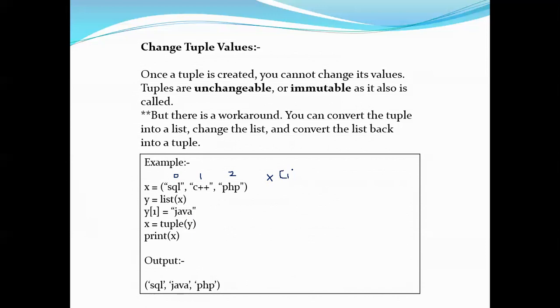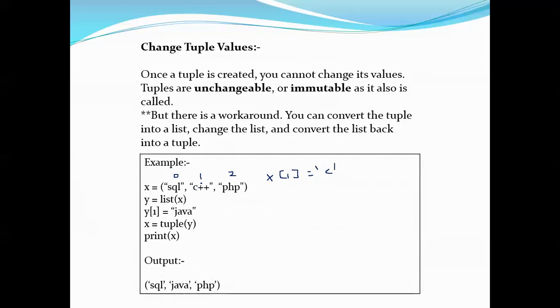For example, I cannot say x of 1 is equal to C, it is actually previously C++. It is wrong actually. Why? You are actually changing a data item in tuple, which is actually not allowed.